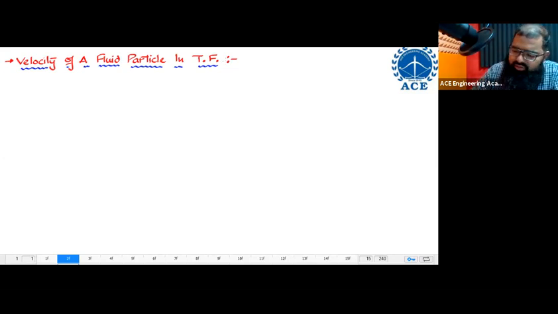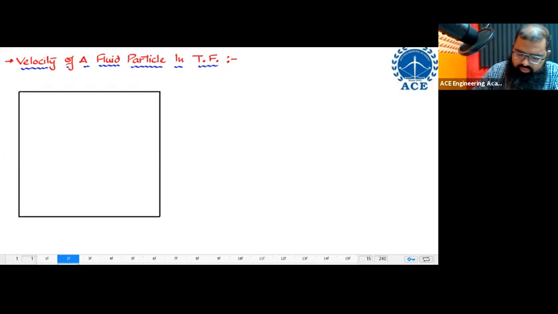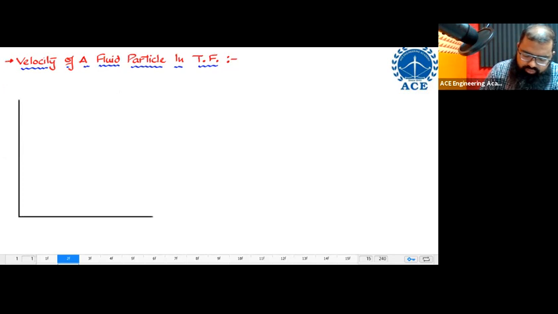Now we want to analyze that velocity. To analyze that velocity, I'm going to start with a graph. Over here, I'm drawing a graph of velocity with respect to time. Let us say I have chosen a component of velocity u over here, and this is time.